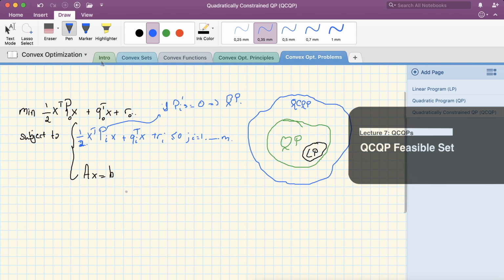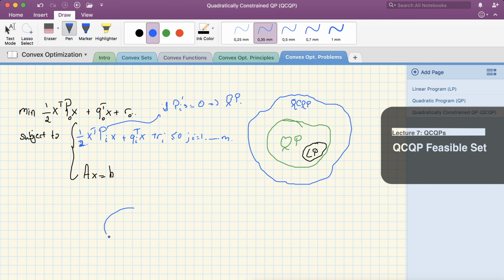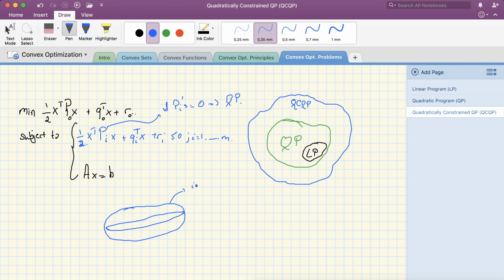So maybe if I've got two inequalities in 3D, let's say x lies in 3 dimensions, my first ellipsoid is here. This is for i equal to 1, and for i equal to 2, maybe I've got an ellipsoid that is the green one. And one thing worth noting, so that we have an ellipsoid, all your Pi's should be symmetric and positive definite.